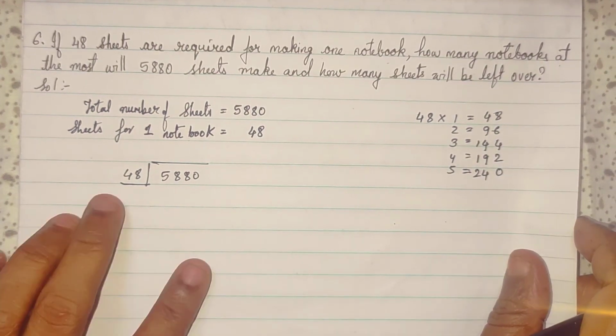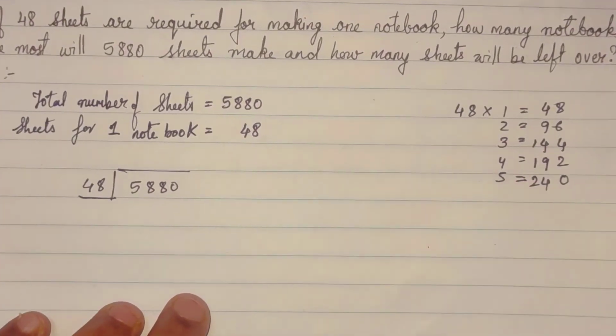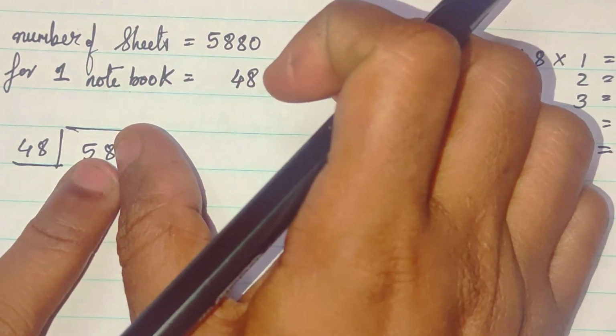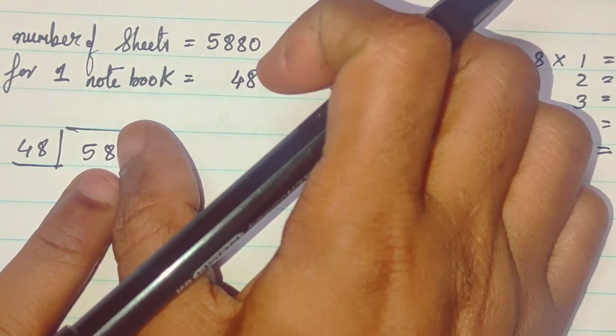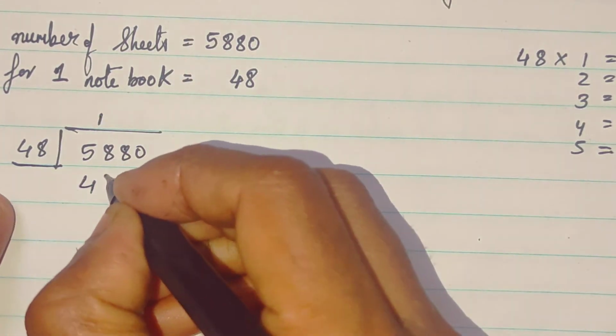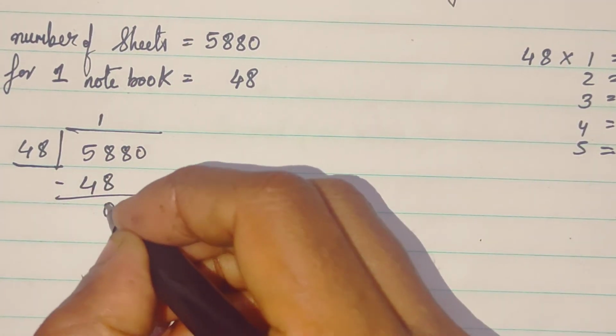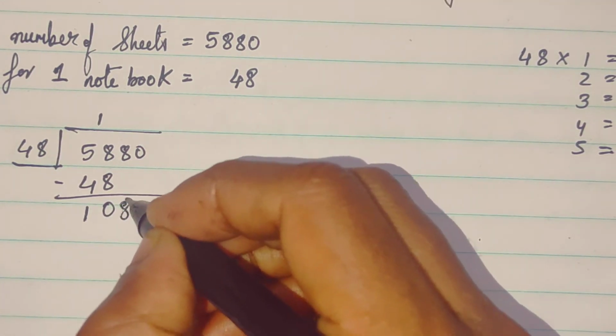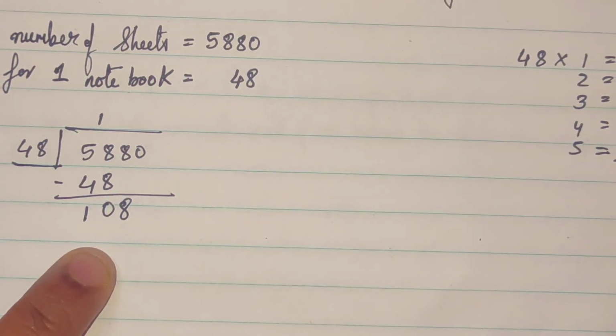Now see, we have 58. See, 5 is not possible, 2 digit 58, so we can take 48 1s are 48. So after subtraction 10 will remain, so this 8 will get carried down, it became 108.